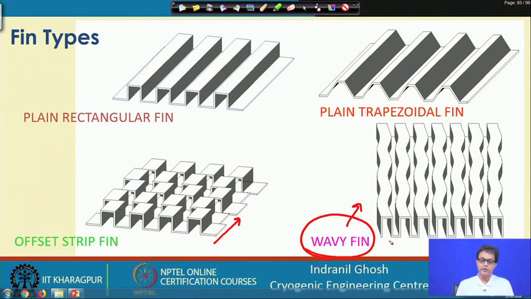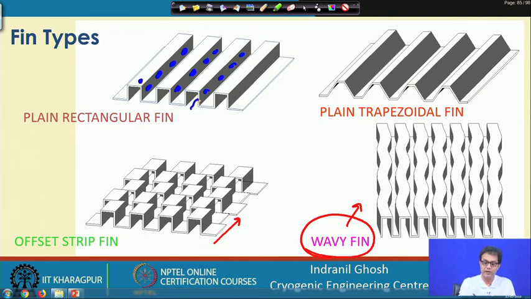Along with that, we have the perforated plain heat exchanger fin. It is not shown here, but in the plain rectangular fin, if we make perforations on the surface at regular intervals, then it is also a kind of interrupted fin.